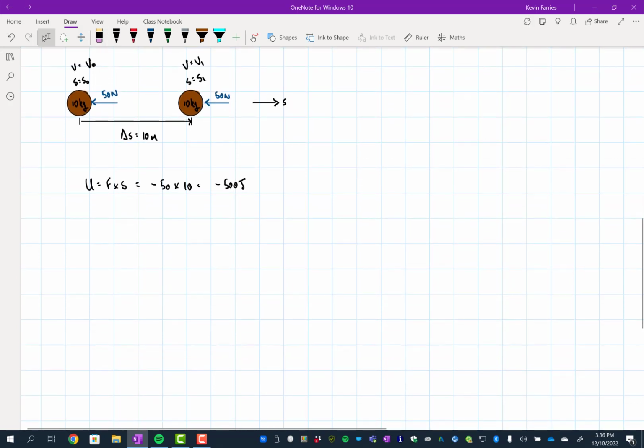So for example, the question might say something like, initial velocity is equal to, say, 20 meters per second. It might ask you, what's the speed after displacement of 10 meters to the right with force as above.